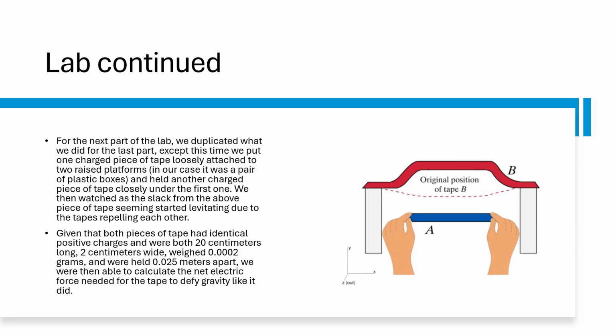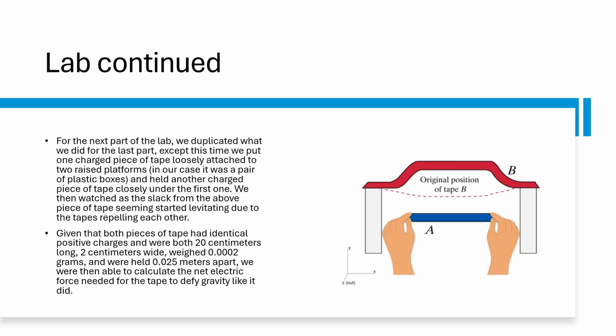Then we got the second piece of tape and held it underneath that first piece. From that, we saw that the slack from the top piece was almost inverted, and it was being repelled from the bottom piece of tape. So it looked like if it wasn't attached to those platforms, it would be flying away in some sense.